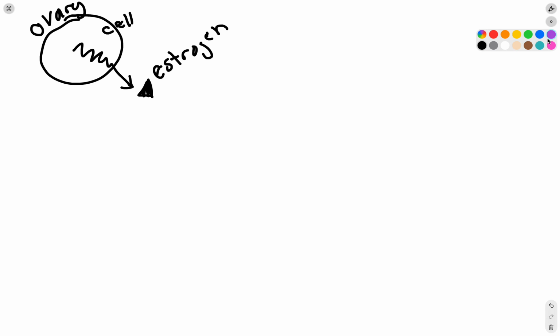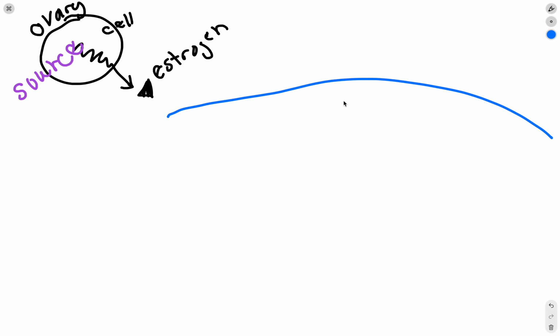So we have a general term for this in developmental biology, and this is called a source cell. And we're not going to talk about source cells very much because we're really interested in what that hormone does to other cells. And this is going to be the other cell, and it's going to be the basis for our big drawing.